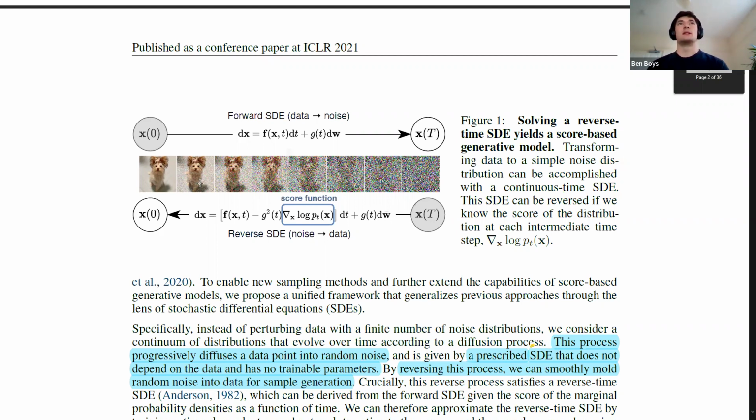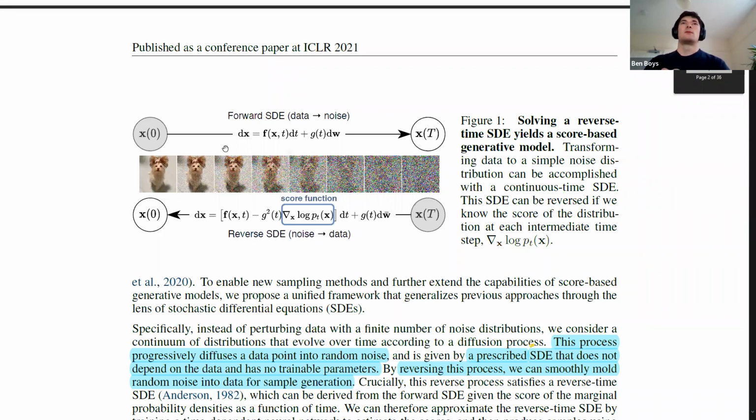The simplest SDE that you can use to add noise adds Gaussian noise and would converge to a stationary distribution that is an IID normal distribution. So this is Gaussian noise.